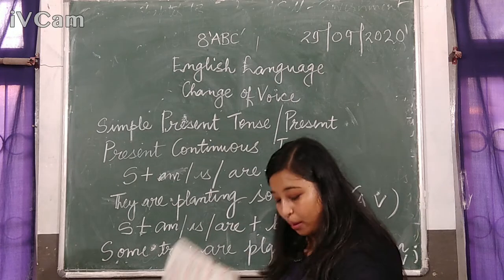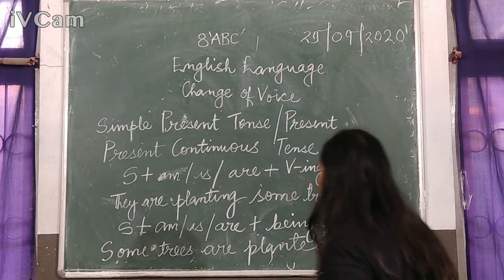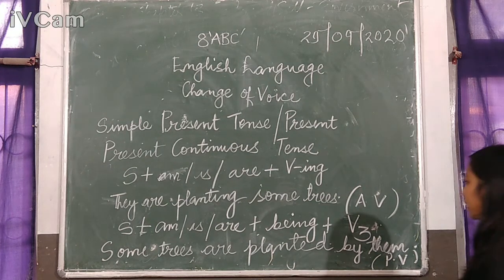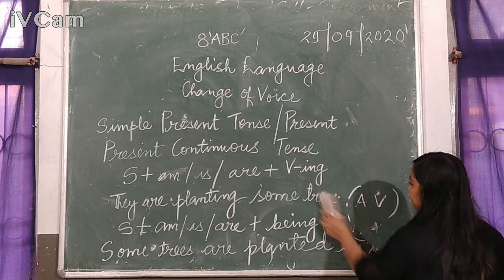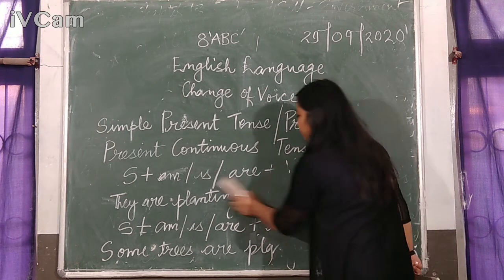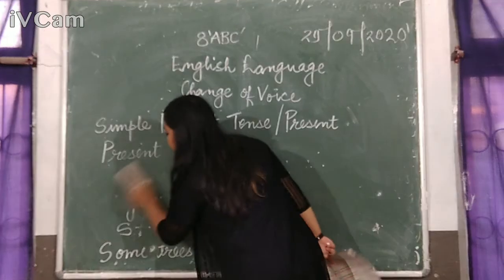Okay, now number 3 is present perfect tense. Okay, look at the board carefully, and don't worry, I'm going to send you the PDF file also as well. Present perfect tense.